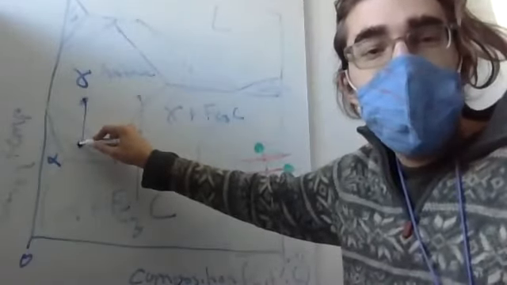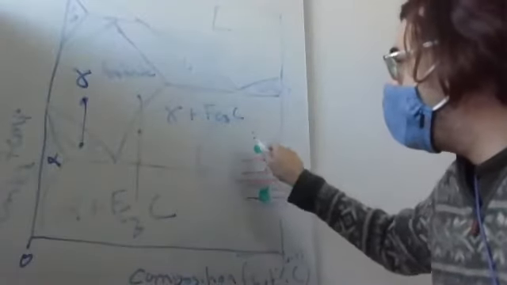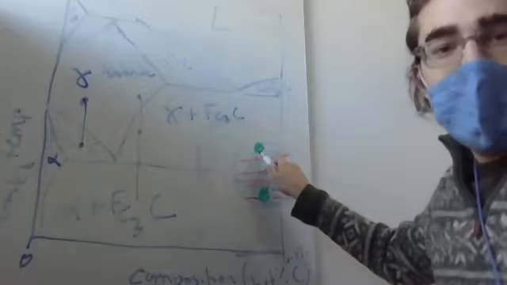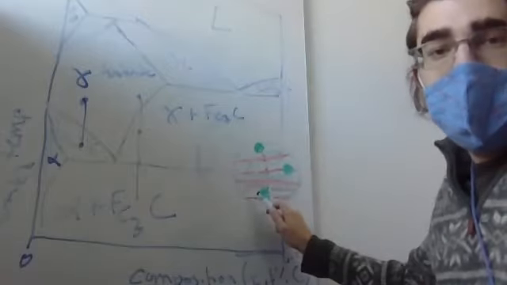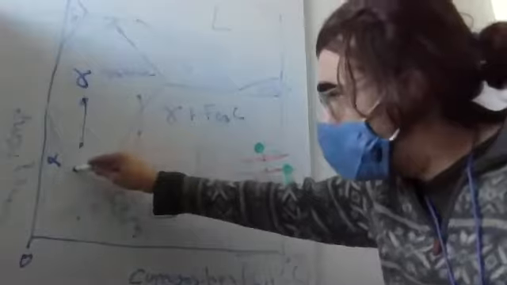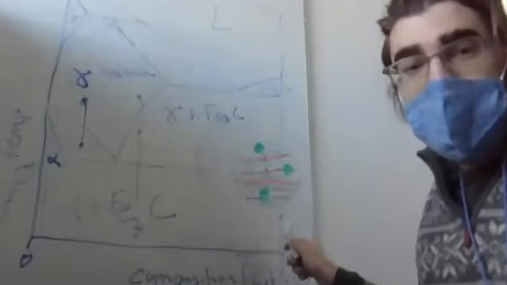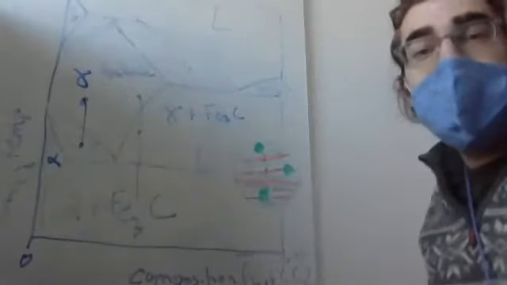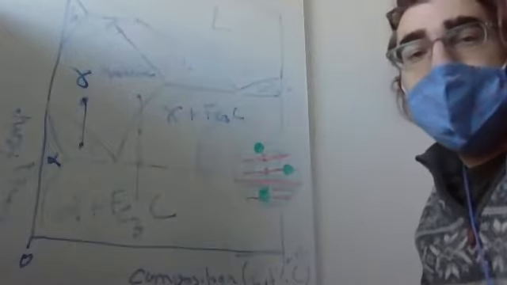And in this domain, instead of precipitating out the cementite, you would precipitate out ferrite. And then as you continue to cool the structure, you would get the pearlite phase surrounding the ferrite crystals instead of the cementite crystals.